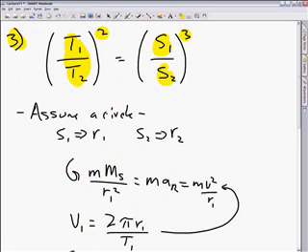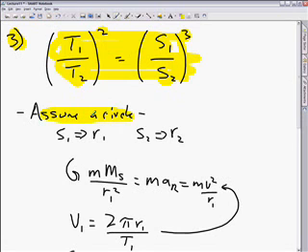Now, this formula here can actually be derived from Newton's gravitation. And to make it a little simpler, I'm going to assume that we have a circle instead of an ellipse, so that our S1 goes to radius 1, and our S2 goes to radius 2.